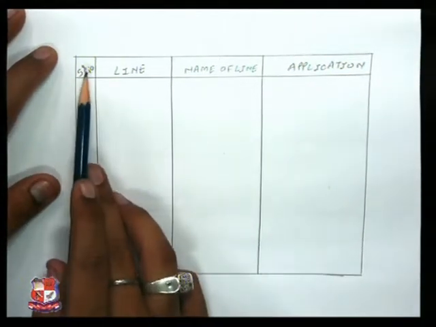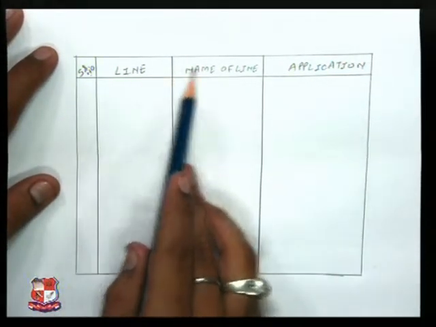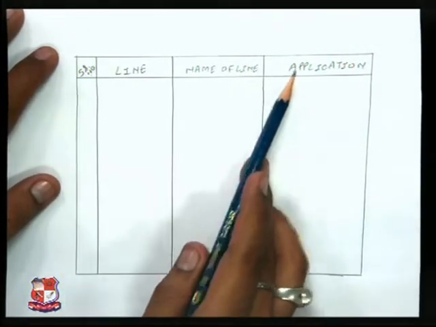I have made 4 columns: serial number, line, name of line and application.